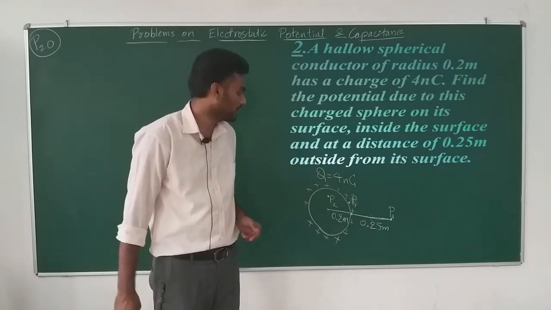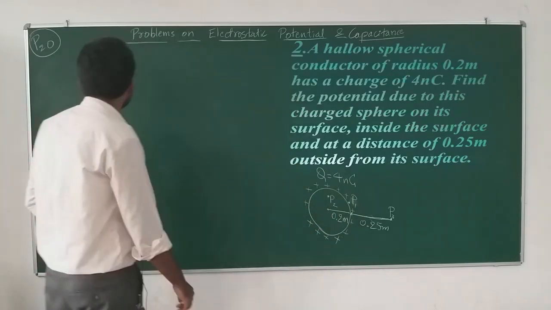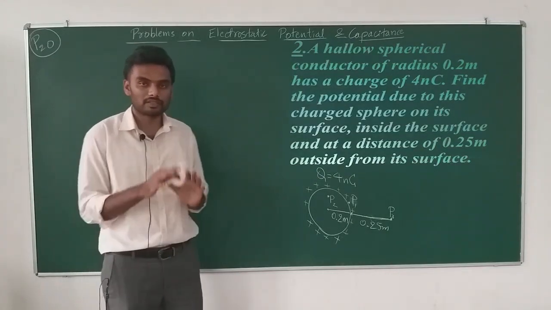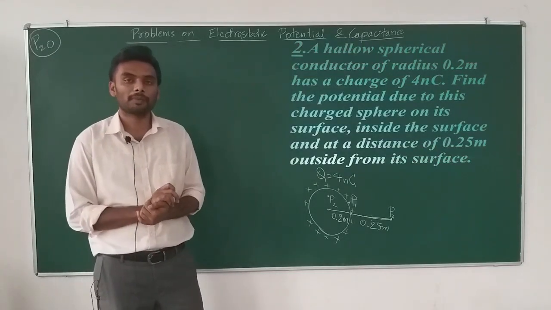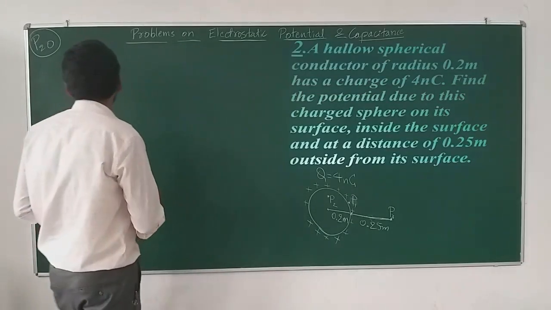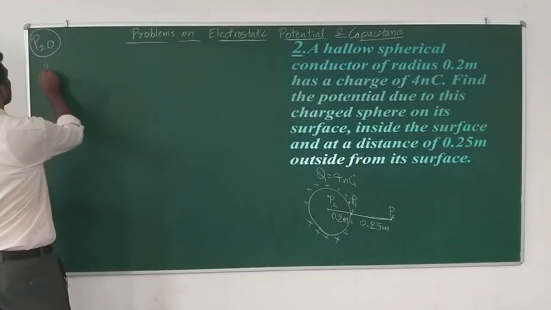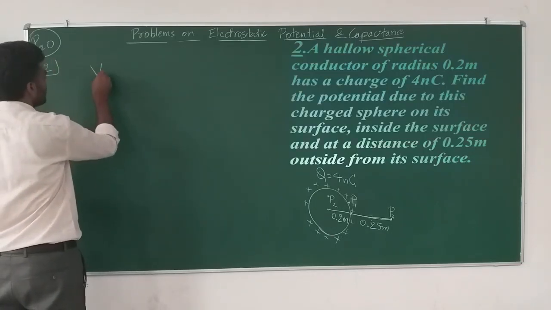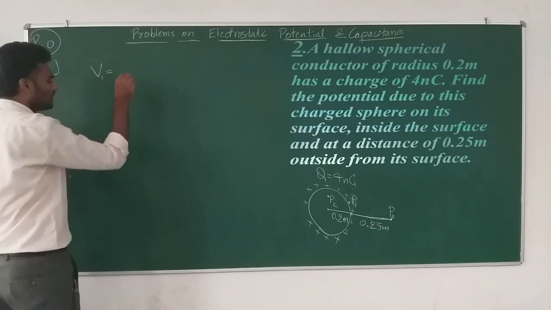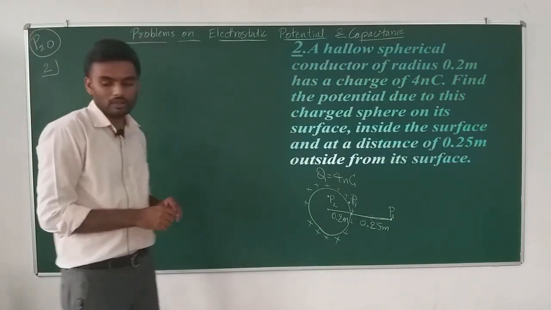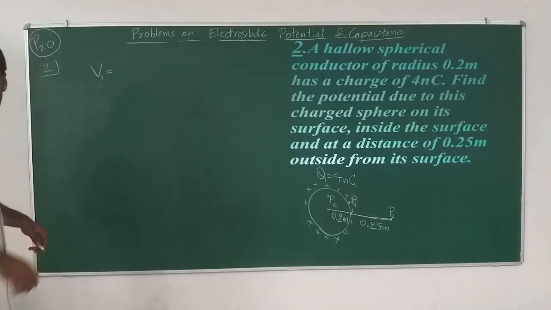Now, when you have a spherical conductor, a charged, hollow one, on its surface the potential shall be found using this formula, let me write the formula first. V1 is equal to, the general formula is the same, V is equal to 1 by 4 pi epsilon naught Q by R. Or let me specify this.